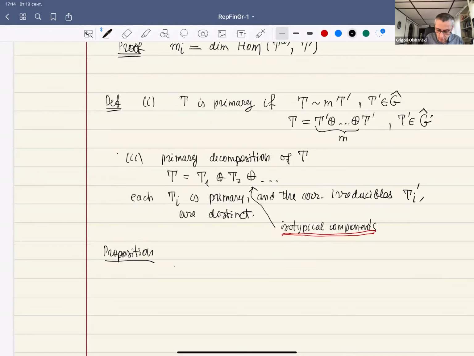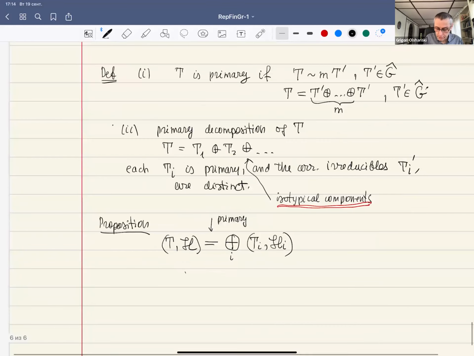Assume that we have some T in a space H and take its primary decomposition, which means in particular that our space is the direct sum.